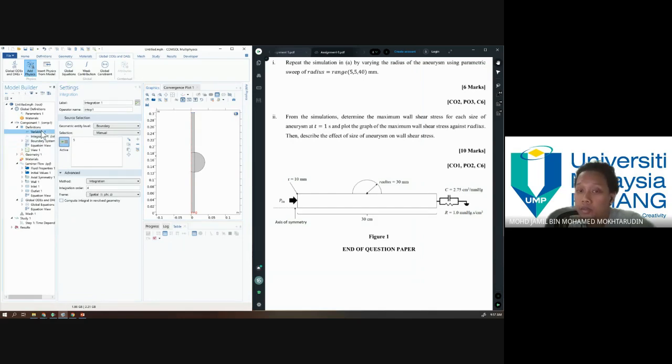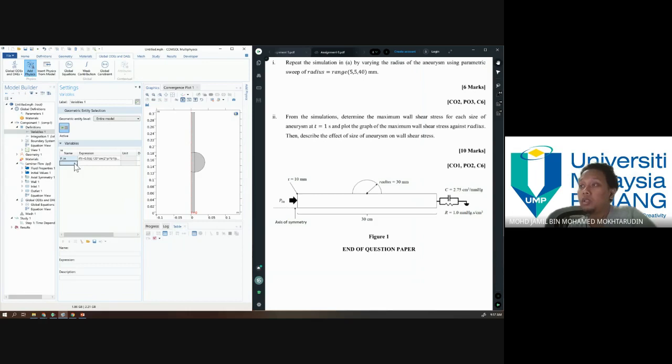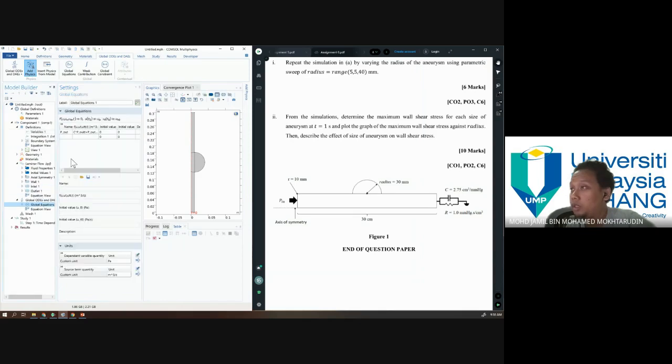And then in the variables, Q equals the integration 1 of 2 times pi R times W. Make sure you get meter cubed per second to represent the correct unit of Q, which is flow. Flow is volume per second. Okay. And then here in the global equation, everything turns out to be black, okay, which is correct.